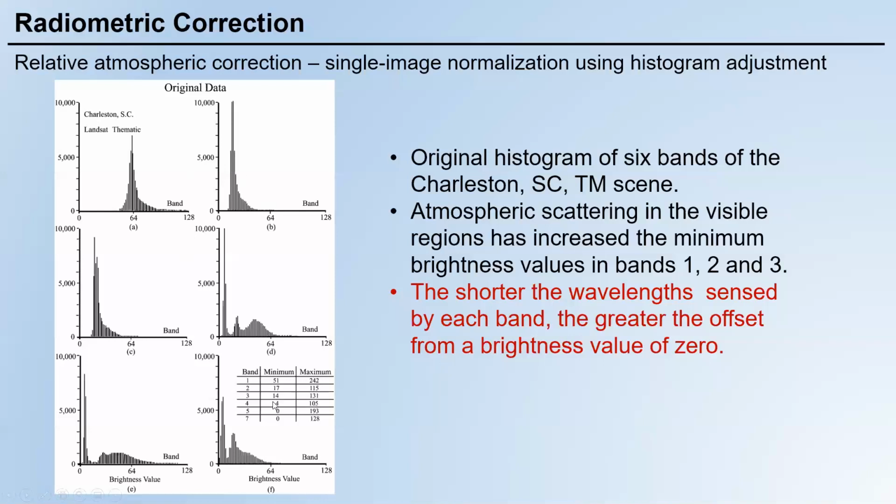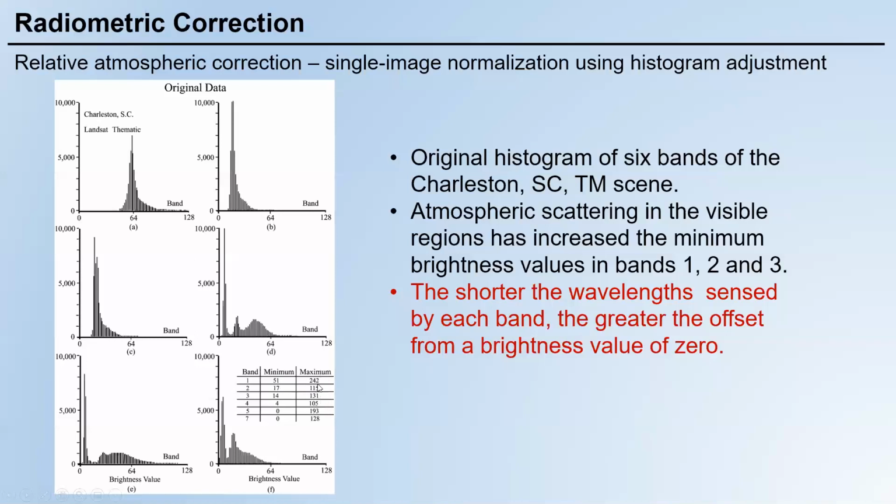Here is a chart showing the band versus the minimum and maximum brightness value of each band. You can see here for bands 1, 2, 3, and even 4, the minimum value is not 0. Instead, there's some specific integer above 0.